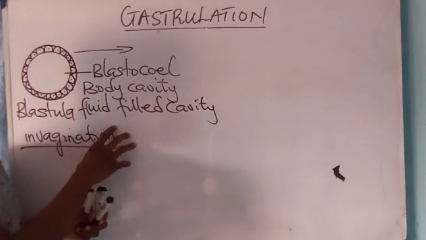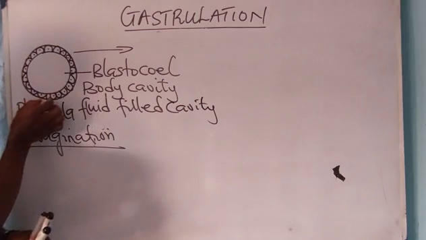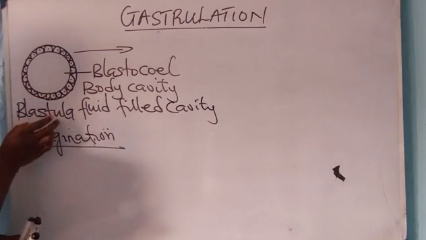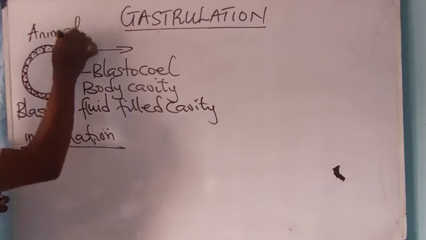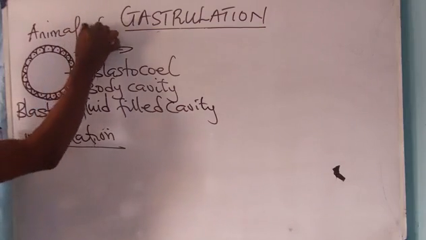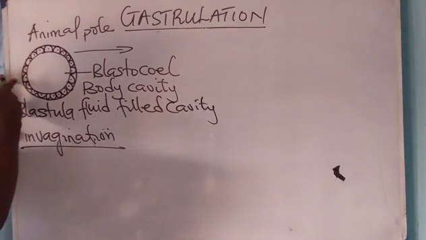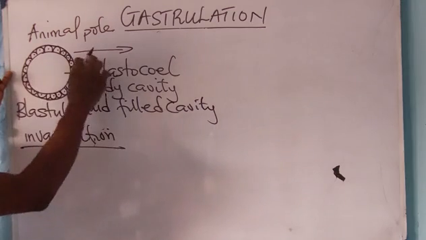During invagination, the vegetal pole of the blastula, this is the animal pole, don't forget, this is the vegetal pole, and the left hand side is actually the ventral side, and the right hand side is called what?